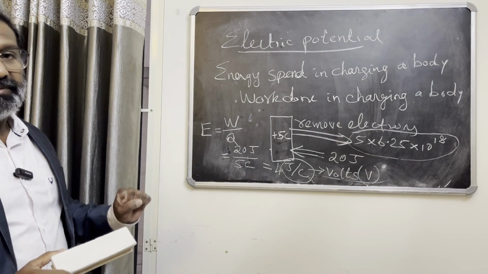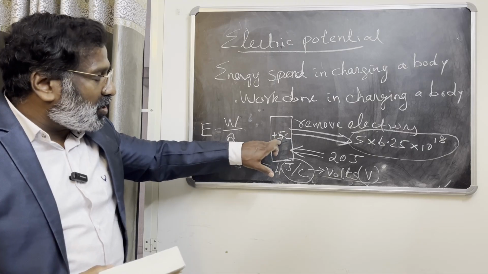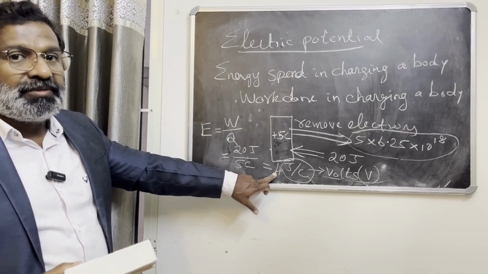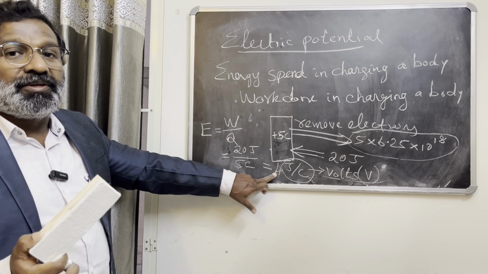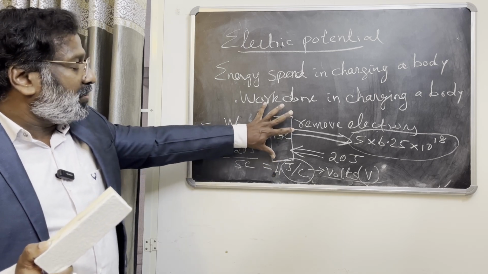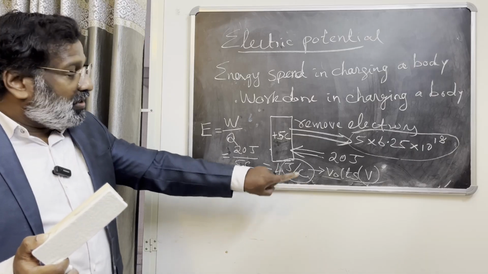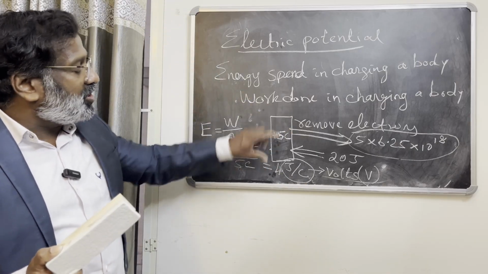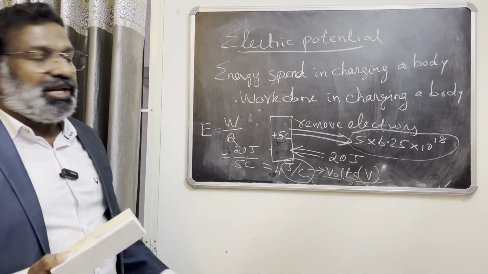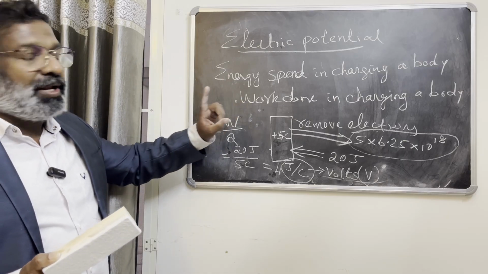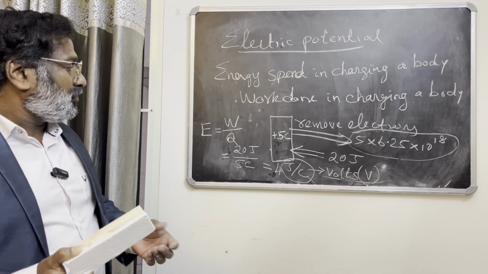Is it clear? So each coulomb of charge inside the charged body is having an energy of 4 joules. So this body is having an electric potential of 4 joules per coulomb. That is the meaning. So electric potential is the work done in charging a body to 1 coulomb.